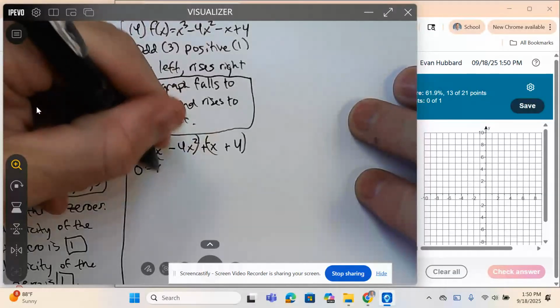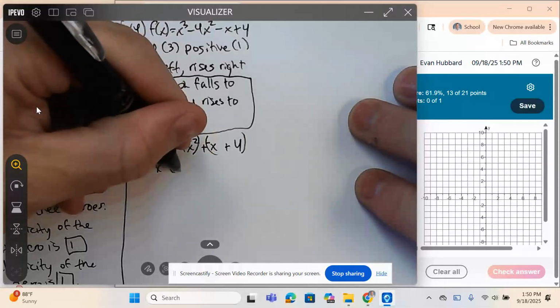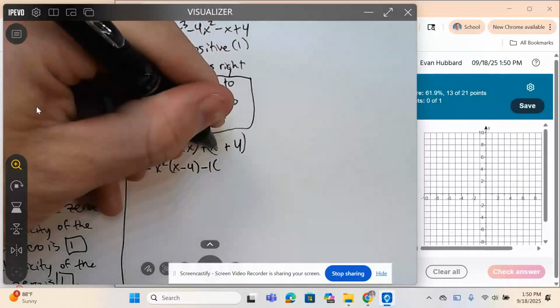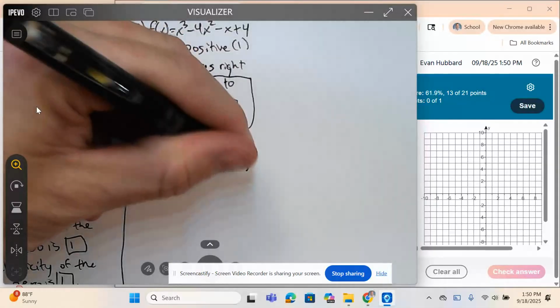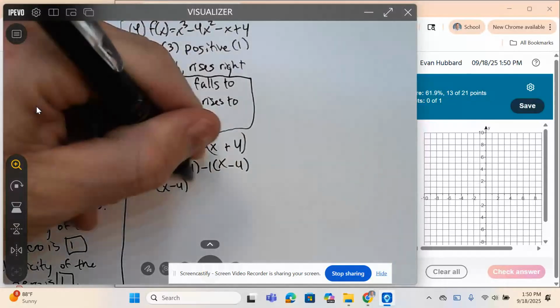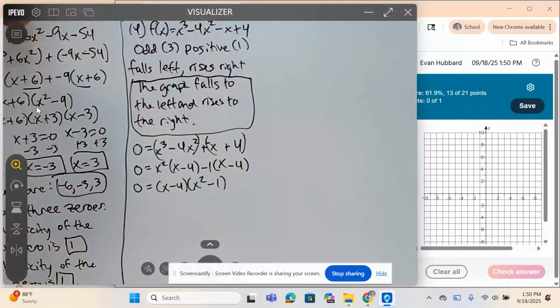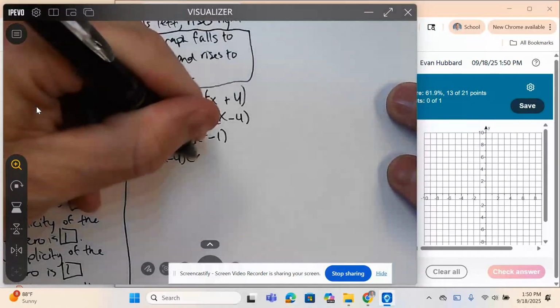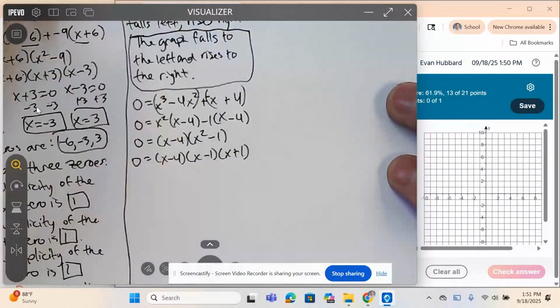They have x squared. So I'll take out x squared, and I'm left with x minus 4. These two have negative 1, so it'll be x minus 4. So I'm going to have x minus 4 times x squared minus 1. So now I have x minus 4, x minus 1, x plus 1.